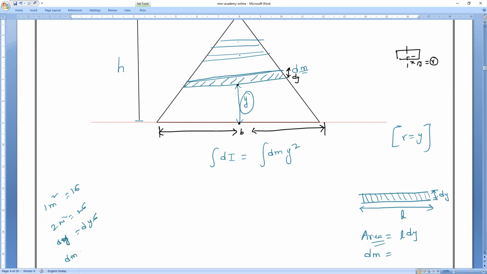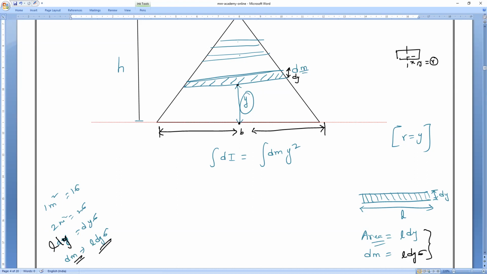Now we want the mass of this one. How much will it become? L dy sigma. Are you clear, everybody? So dm equals L dy into sigma.